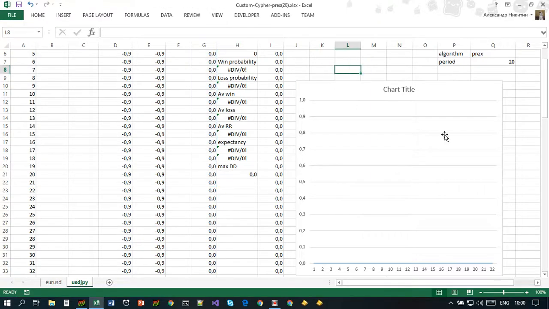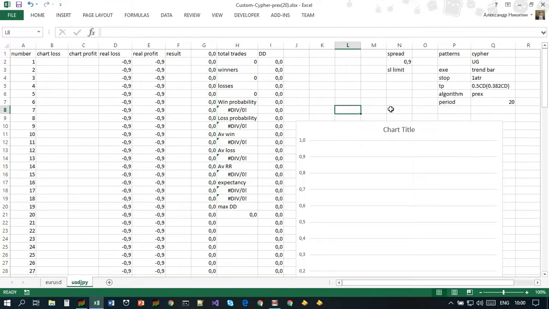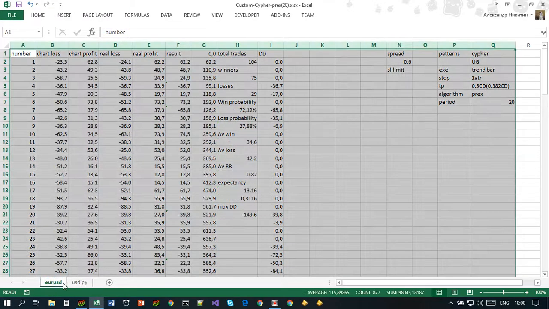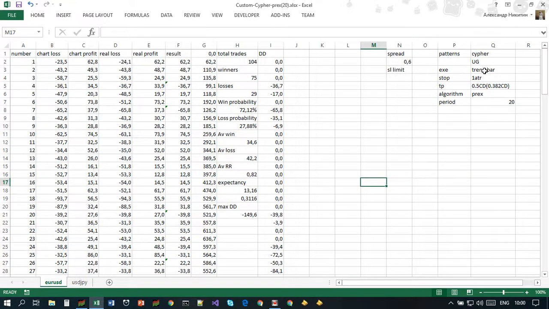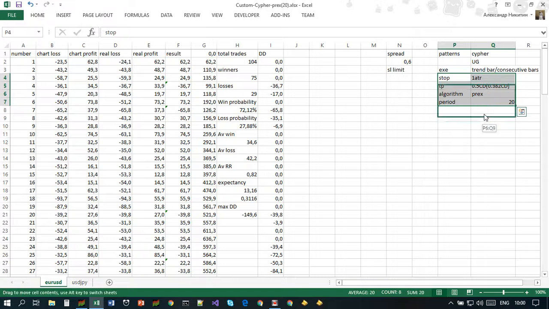Okay, what is next? Then let's modify our execution. The execution on euro-dollar was a trend bar, and I also found that two consecutive bars is also a good execution for this. Let me make it this way.